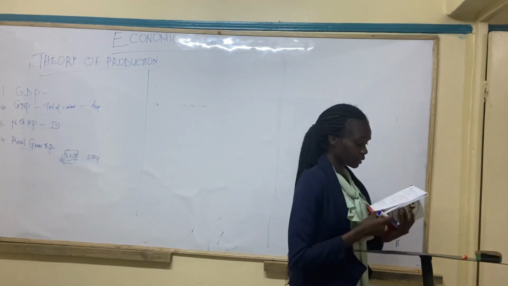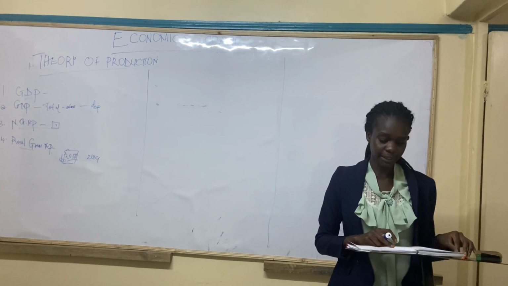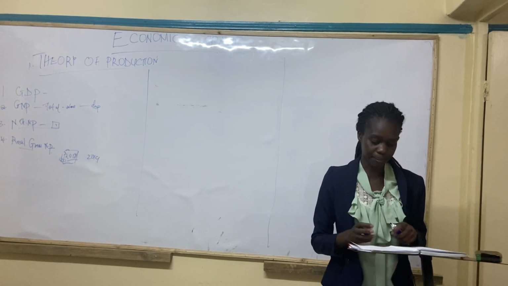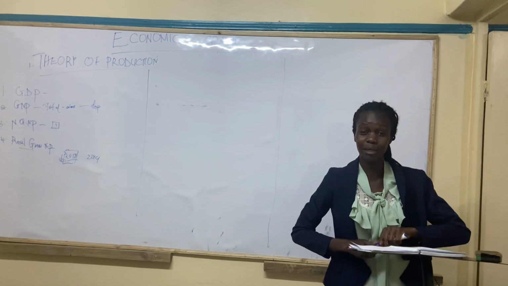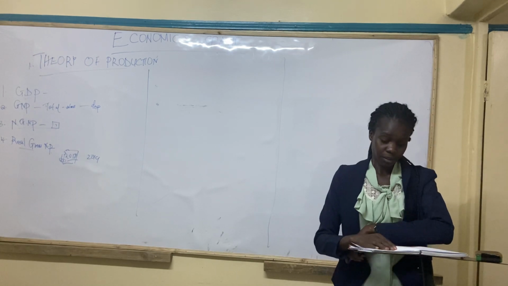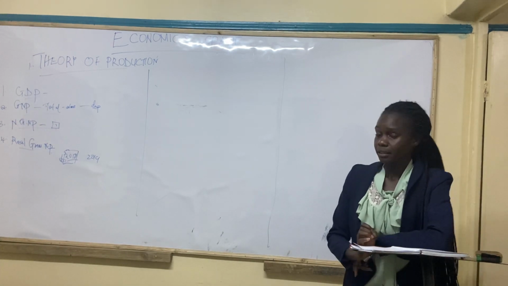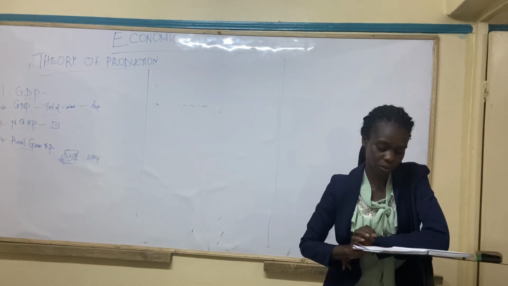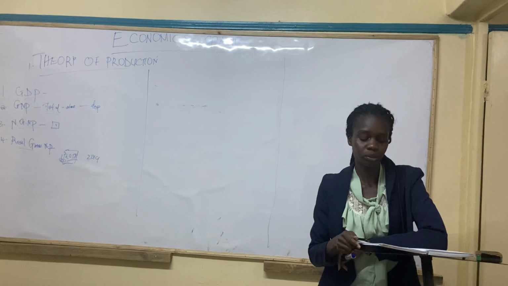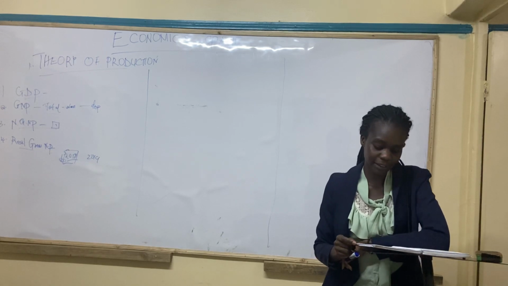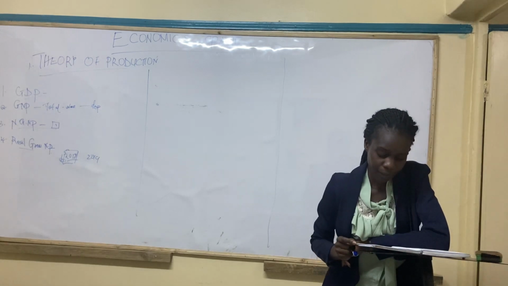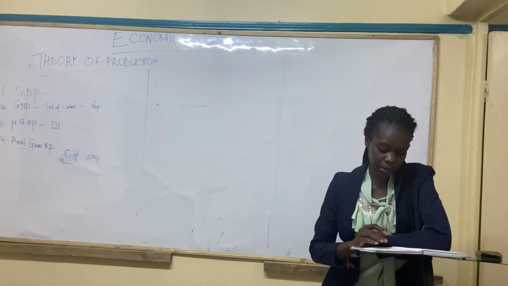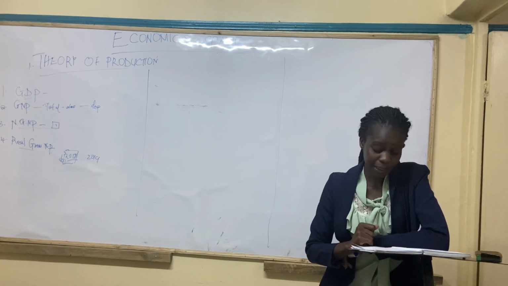So we are going to another topic, that is national income accounting. National income accounting refers to the measuring of the total flow of goods and services in the market.